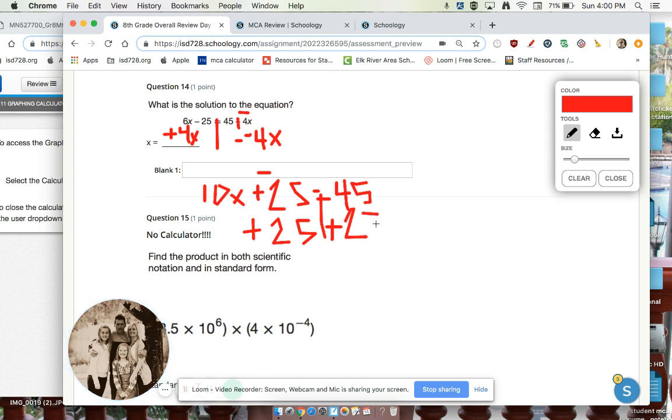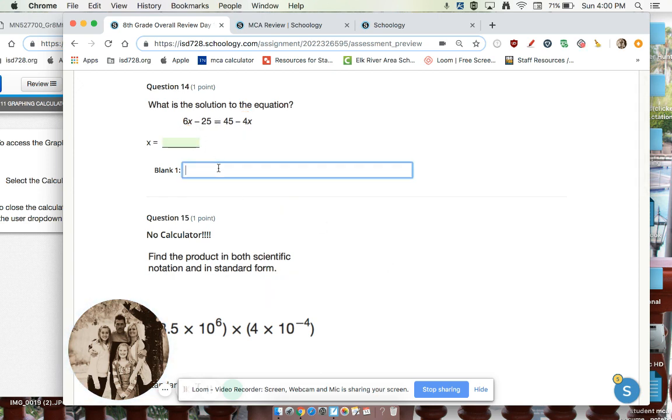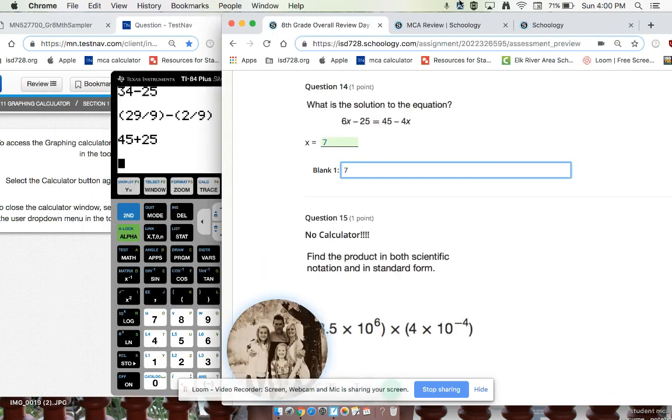Good thing I'm taking forever doing this. So 10x equals 70, and then you would divide by 10, so x has to be 70 divided by 10 is 7. So x is 7, and you have plenty of time to check your work, so they should equal each other.